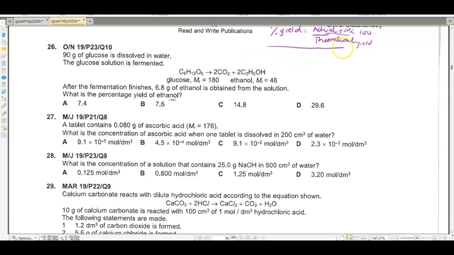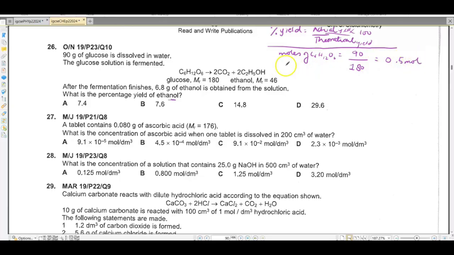Okay, so first thing first, we are going to find moles of C6H12O6, which is glucose. So the mass of glucose is 90 and the MR for glucose is 180. Okay, so this gives us the number of moles to be 0.5 moles.